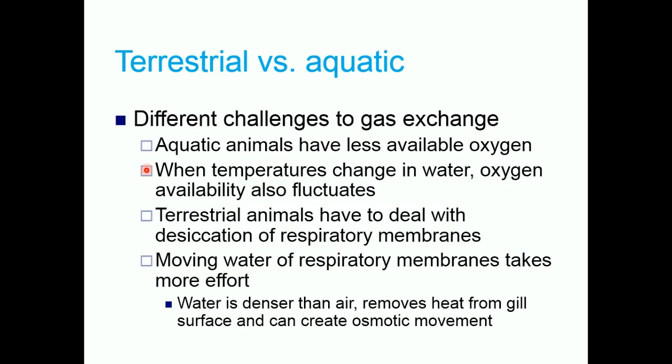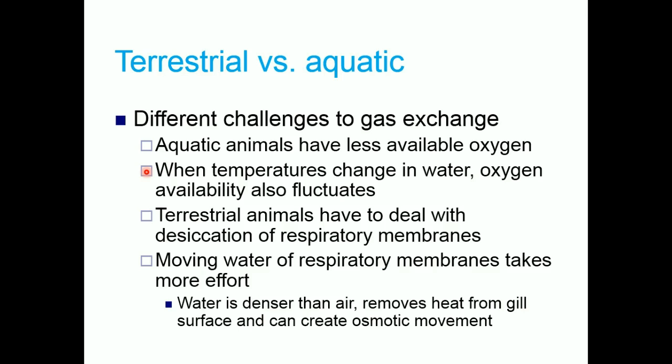Another problem that aquatic animals face is temperature changes. Remember that the solubility of oxygen and other gases depends on temperature. That means for an aquatic organism that lives perhaps at 10 degrees Celsius, if for whatever reason the water should increase in temperature to about 20 degrees Celsius, the water is going to lose a lot of oxygen.